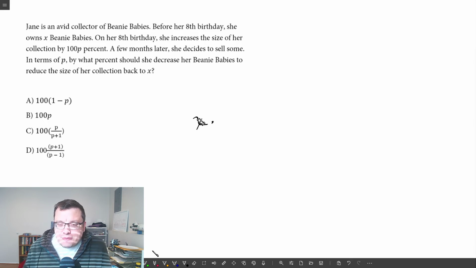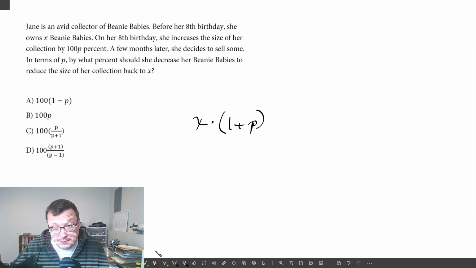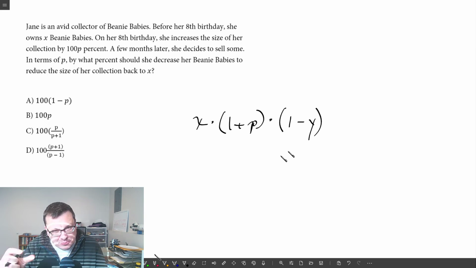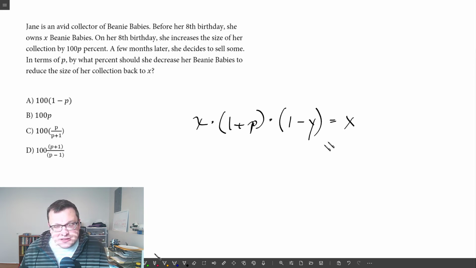If I'm going to increase it by 100p%, I multiply x by 1 plus p, because p would be some decimal, as we saw in the previous version, where we picked 0.2. Now, to get it back to x, I have to multiply it by some percent decrease. Let's call that 1 minus y, where y is the percent decrease. And the end result is I get back to where I started, x.